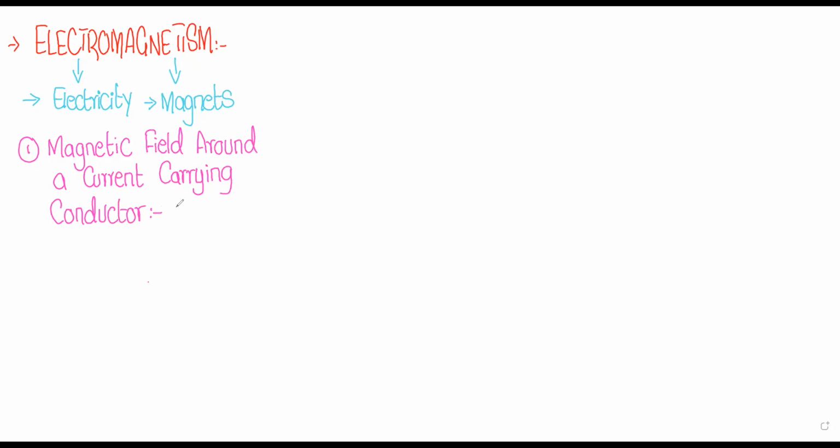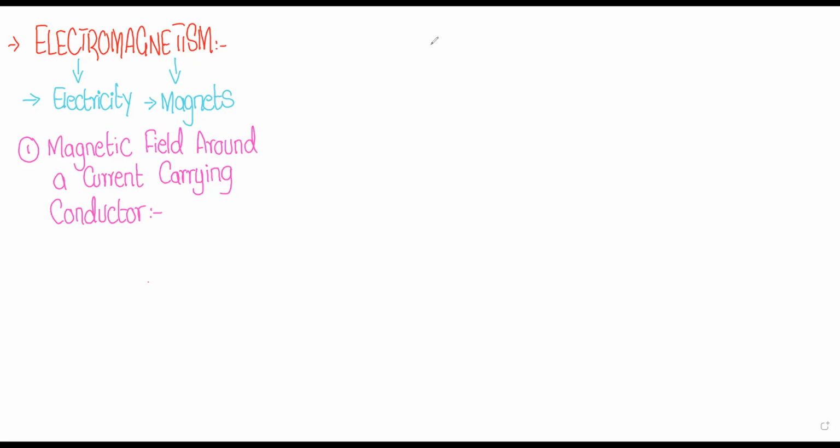So this was the first concept of this chapter. Scientists discovered that if a current passes through a conductor, then along with the electric field there is also a magnetic field around the conductor.